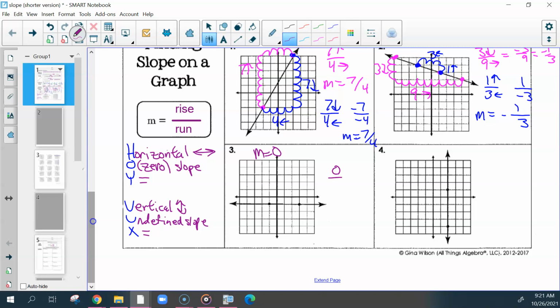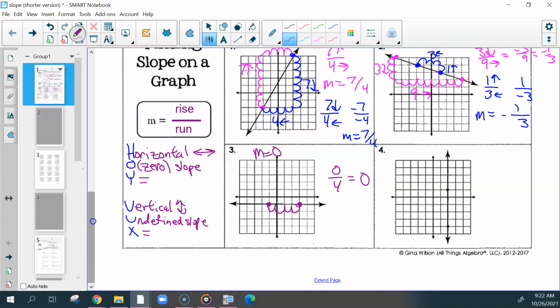This does have 2 points, but you could really choose any 2 points on this line. Left to right, or right to left, either way, this goes over 4, but 0 divided by anything is 0. If we were dividing by 0, it would be undefined. But 0 divided by anything is what? 0. So that part's not really necessary if you know that a horizontal line has a 0 slope.